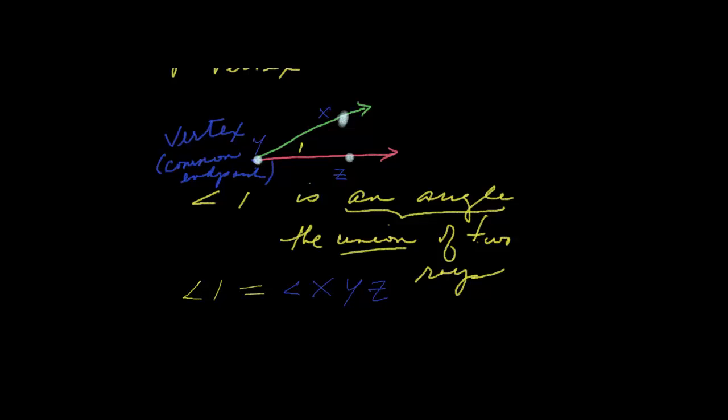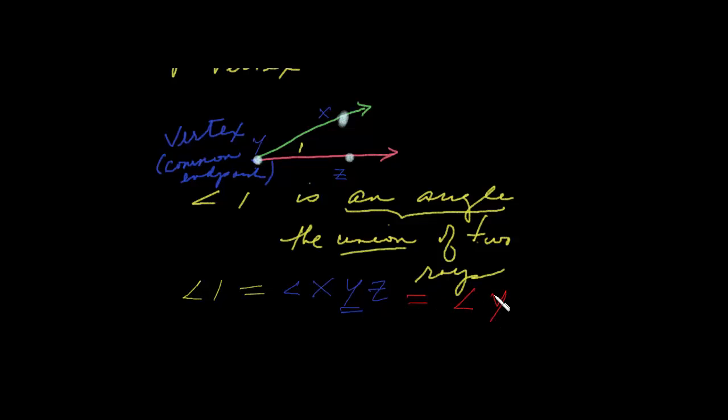And one last thing, which is a unique case: this only works when you have a single letter here. Because this is a unique angle, you can just refer to it by the vertex. So if you wish, you could also name this angle Y.